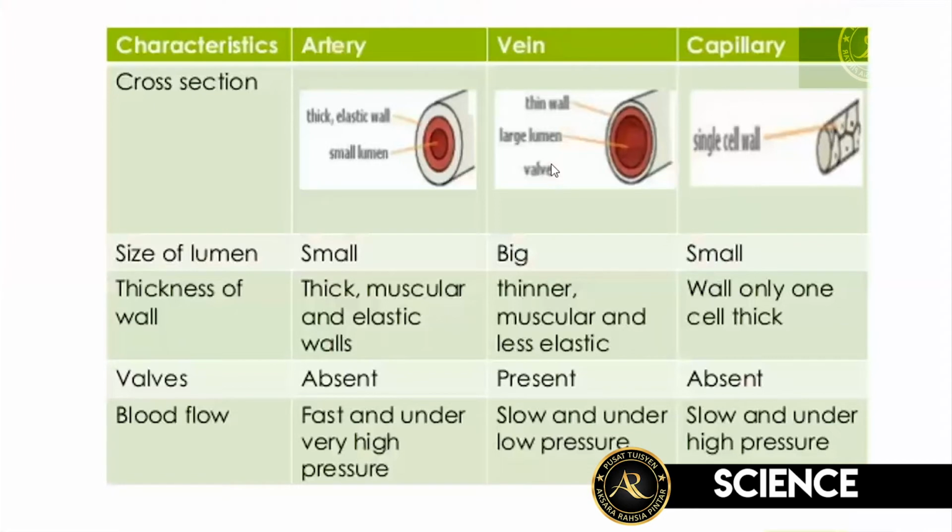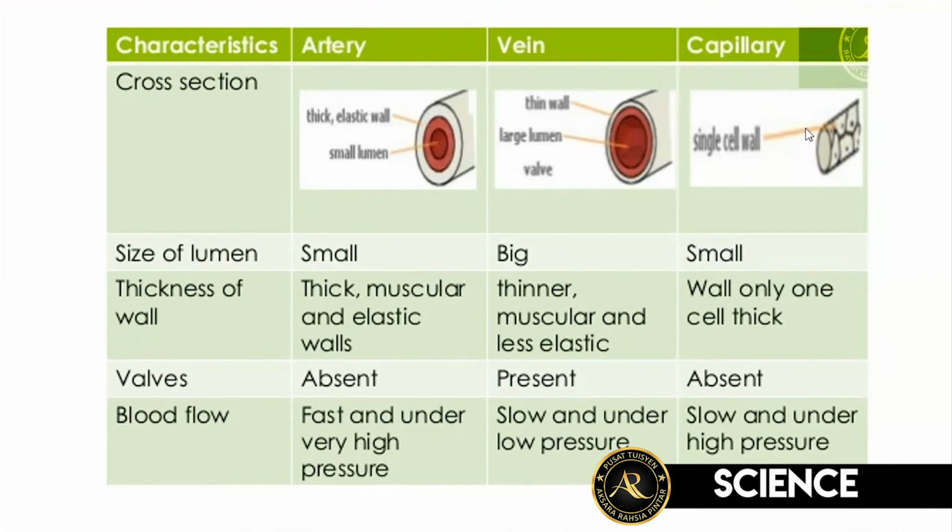So this is what I did in the form of a comparison table. As a PT student, you need to be well versed with the drawing as well. You can see the drawing over here. For artery, it has a very thick elastic wall followed by a small lumen. And then vein has a very thin wall with a large lumen, and within the lumen you can see the valve.